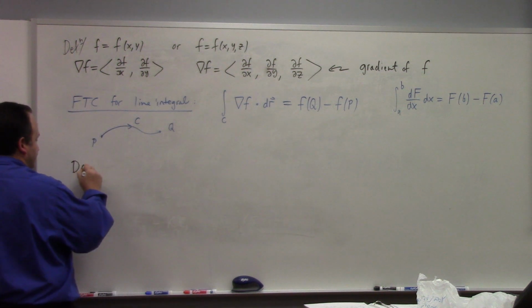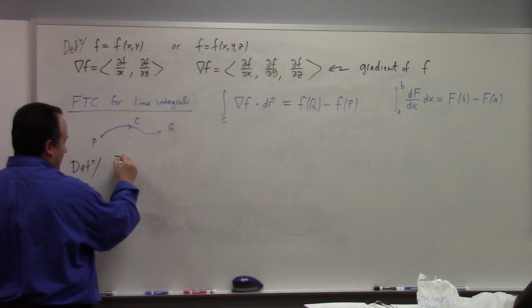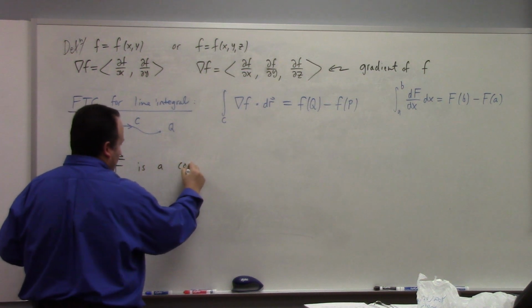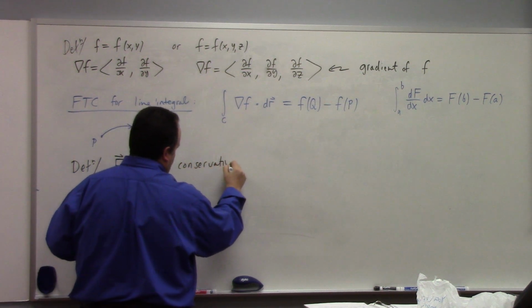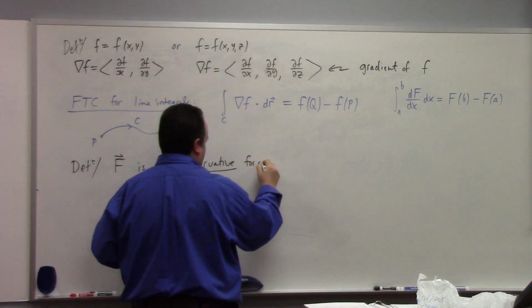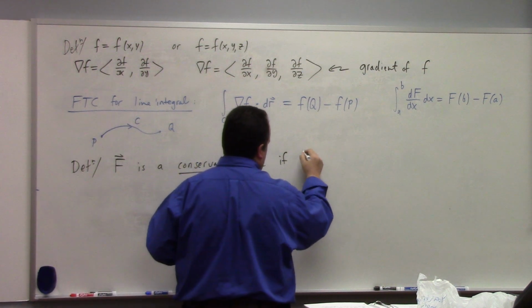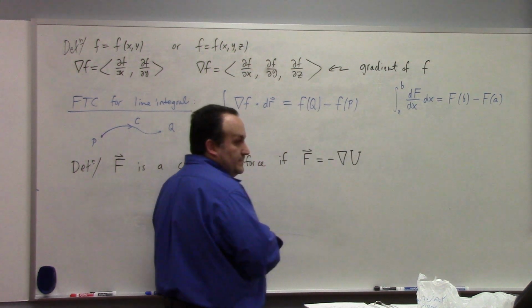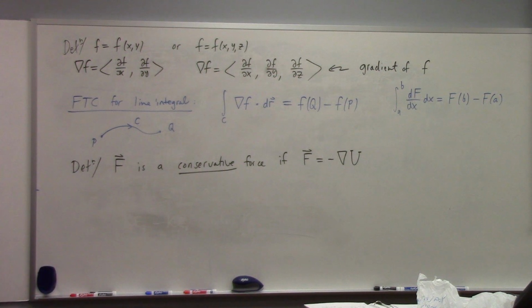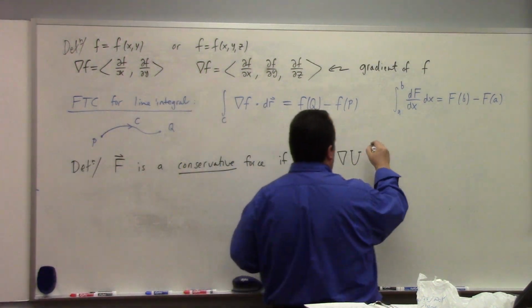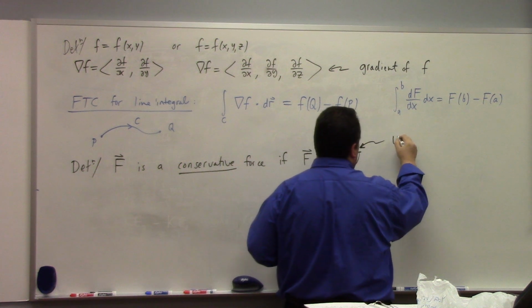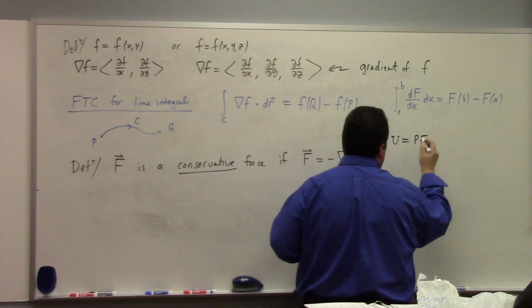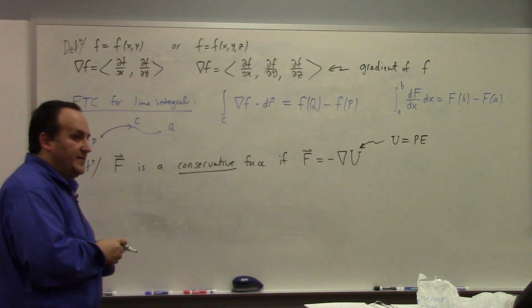F is a conservative force if F is equal to minus the gradient of U. The reason for the minus will become apparent soon enough. And this U we often call the potential energy. So U is the potential energy function.